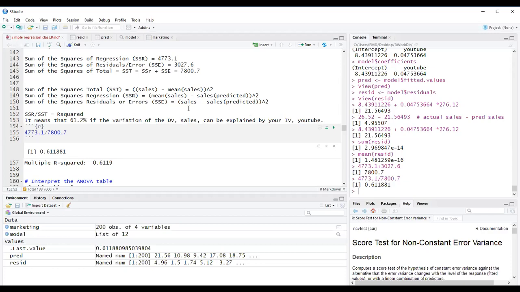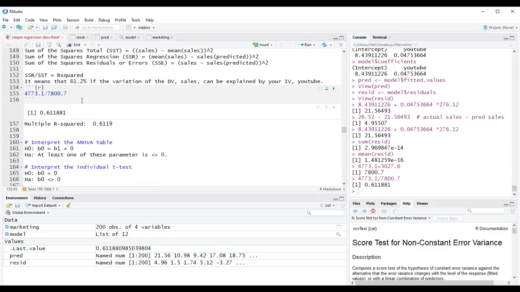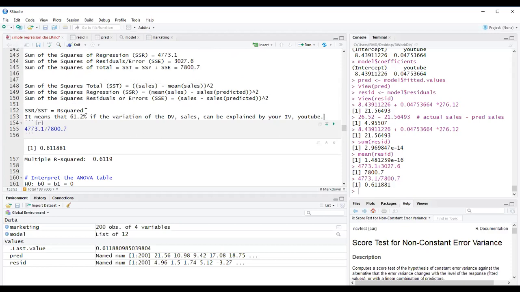Okay, yan. Yan ang ibig sabihin guys ng R squared. And that's called your coefficient of determination. Okay? It's called your coefficient of determination.